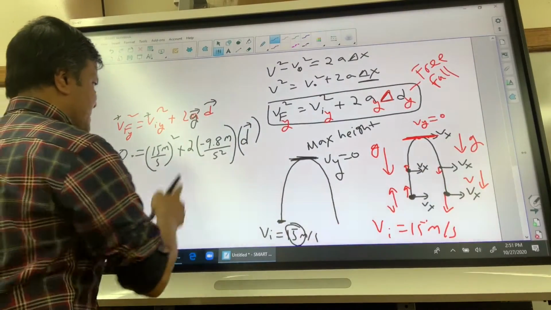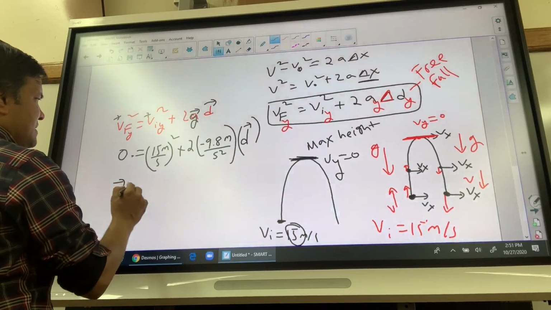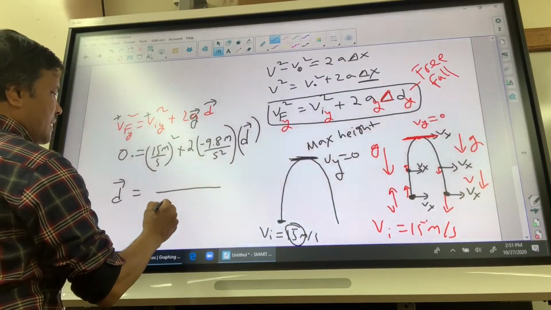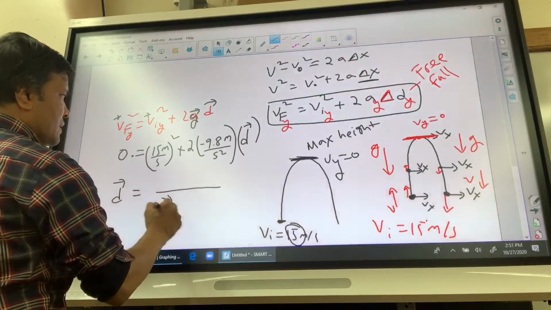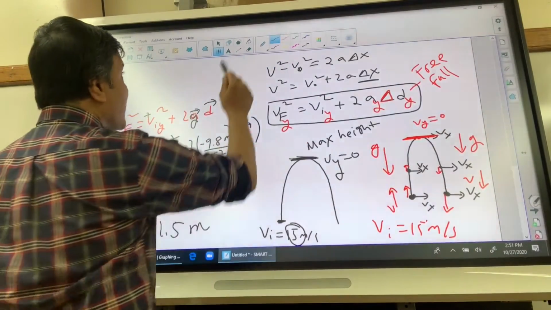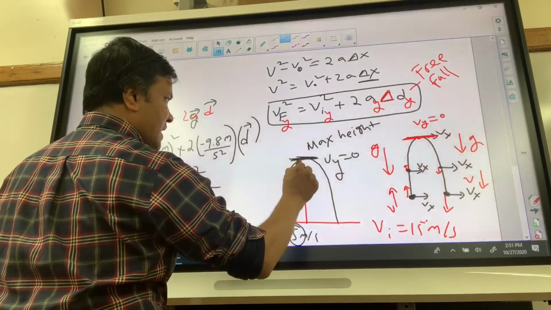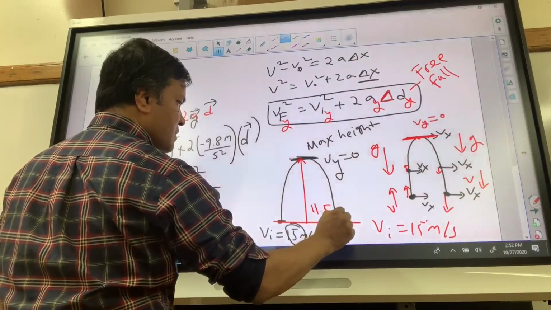So let's see what it is. D is negative 2 times 11.5 meters. So the maximum height of this ball from here is 11.5 meters.